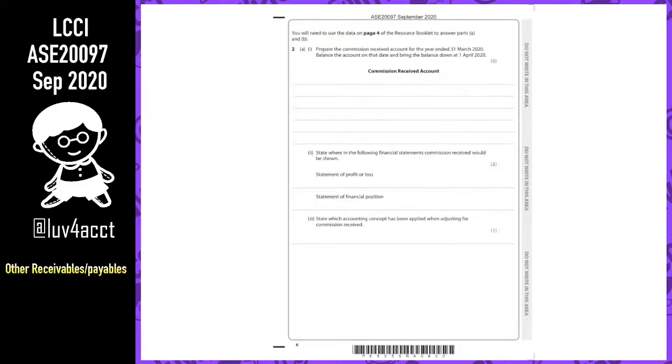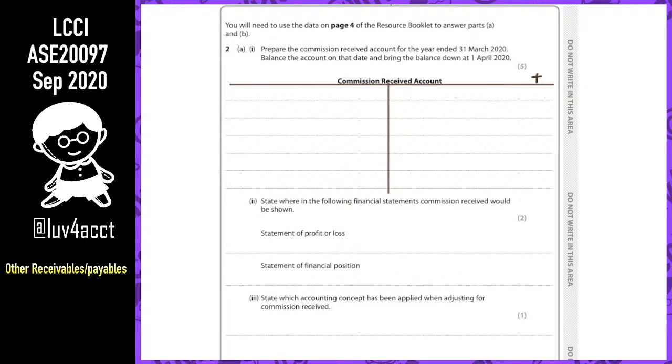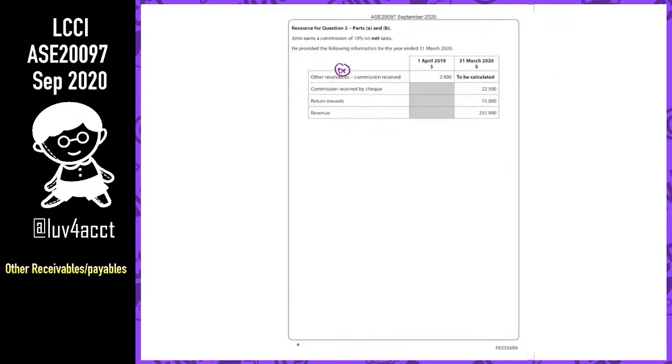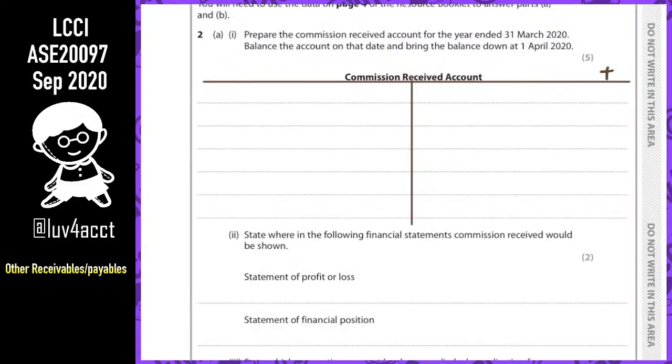So here, commission received account. Commission received is an income, so it is a credit side account. But then you are given on the 1st of April, year 2019, 2,800 as opening balance debit side.